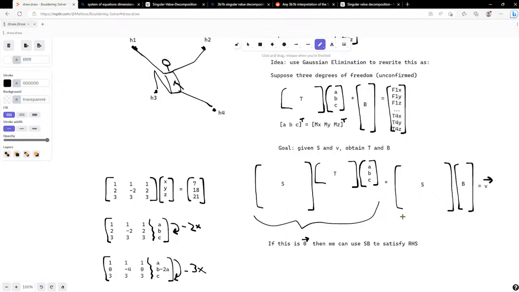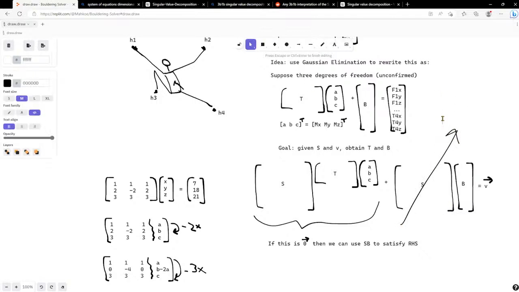But even if that was possible, I would still have to solve this. So what if I force this to zero? Is that possible?